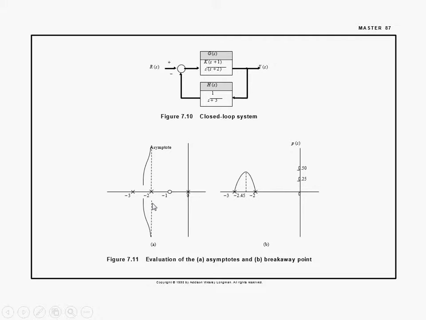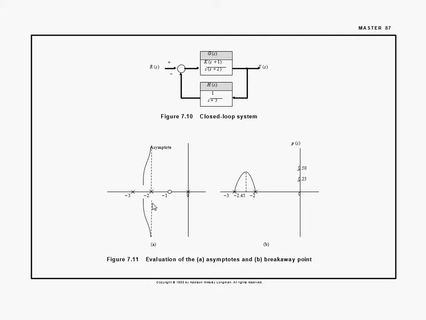Now what you're seeing in the slide, you have a couple of words that we haven't mentioned. This is asymptotes and breakaway point. This technique, and of course your textbook also talks about it, but I wouldn't pay too much attention to it because with MATLAB we can get the plots directly.